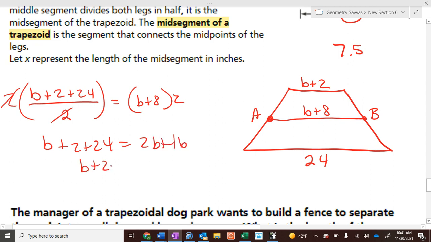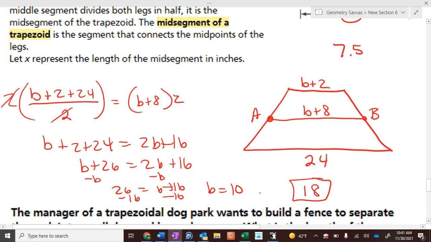Or b plus 26 equals 2b plus 16. So if I subtract b from each side, 26 equals b plus 16, and subtract 16. B equals 10.